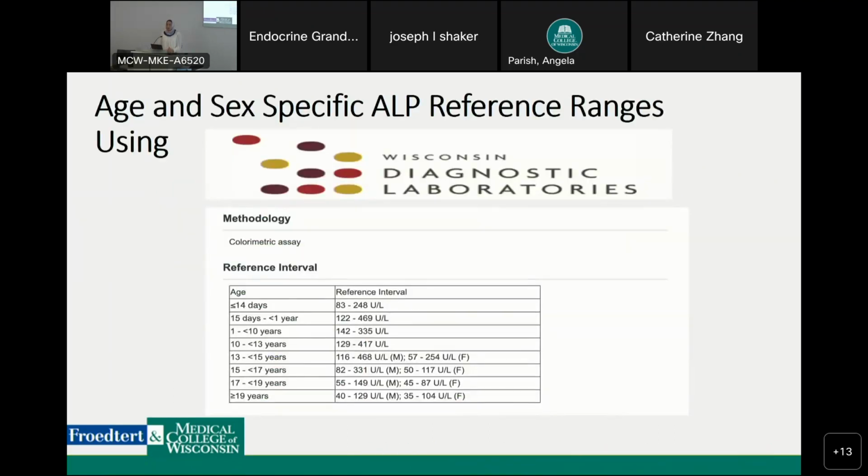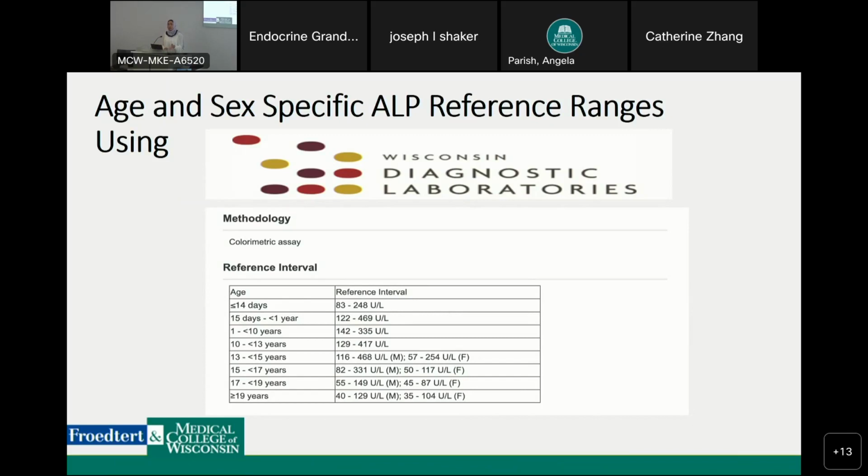For the alkaline phosphatase, it should be less than 40, and it should be persistently low. And whenever we have a low alkaline phosphatase, we have to make sure that the lab is reporting it as an age-specific alkaline phosphatase reference range. So this is from Wisconsin Diagnostic.